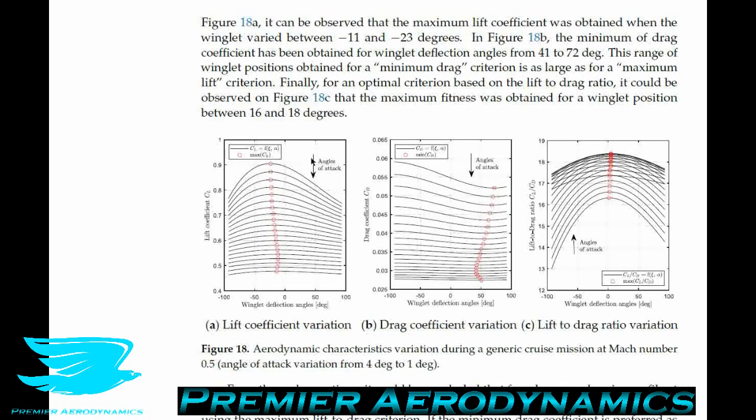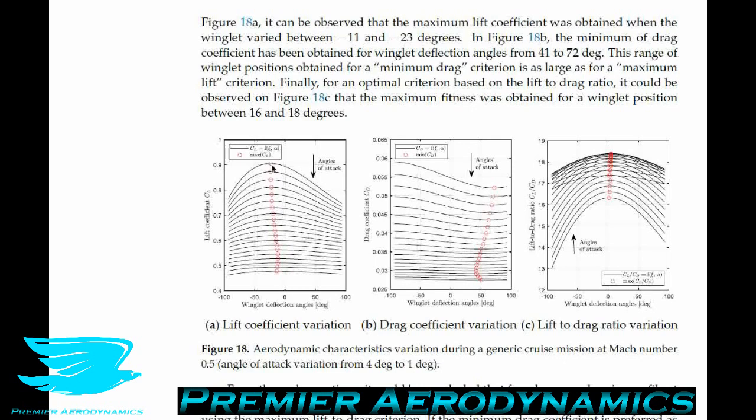For example, if we look at figure 18A, the minimum lift coefficient seen across the different winglet pivot angles is about 0.77, which happens about here when the winglet is pivoted completely upright. The maximum lift coefficient we see is about 0.91, which happens when the winglet is pivoted at about minus 25 degrees downwards, so it has that droop.